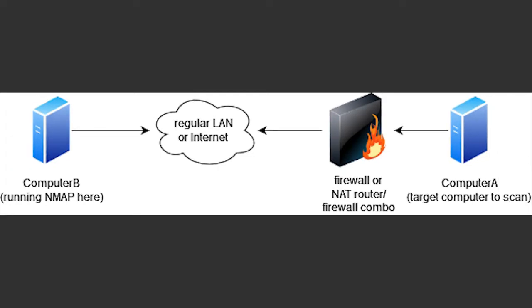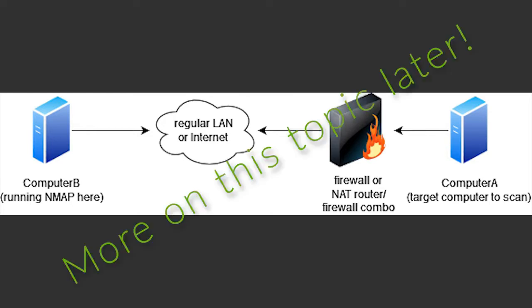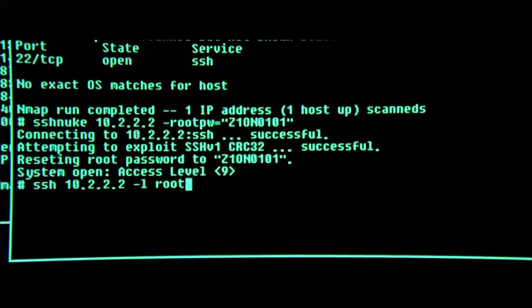Assuming that I hadn't configured the firewall to pass through traffic to computer A, then you wouldn't be able to see those ports as being open. Running Nmap on computer B against computer A would show no open ports, even though the ports are open and listening on computer A, because they are being blocked by the firewall.